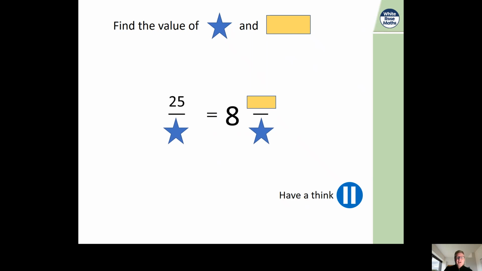Find the value of the star. As the star, 25 eighths equals 8. There we go, got the rectangle. Have a think.